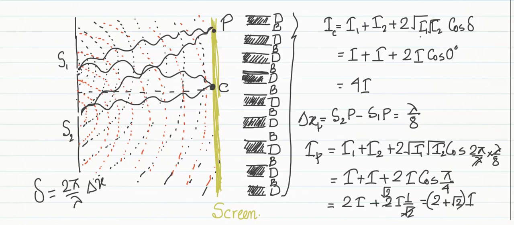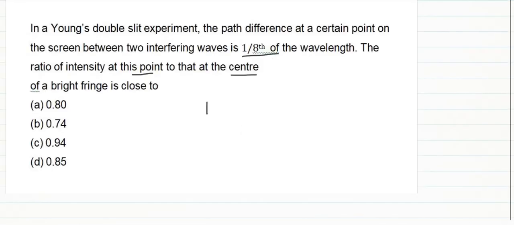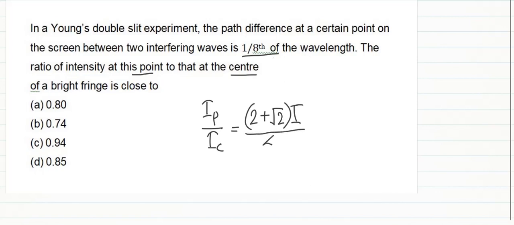Now we have to find the ratio between these two points. That means the ratio of the intensity at the point P to the intensity at the point C, that is IP divided by IC. What is IP? IP is 2 plus root 2 multiplied by capital I, divided by 4I.